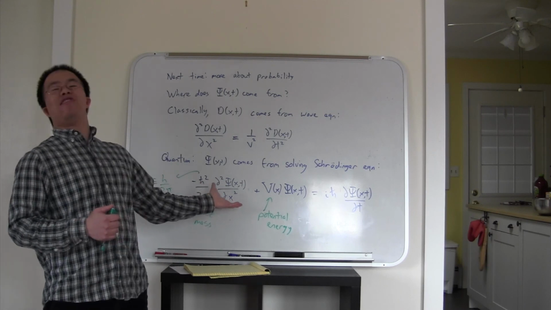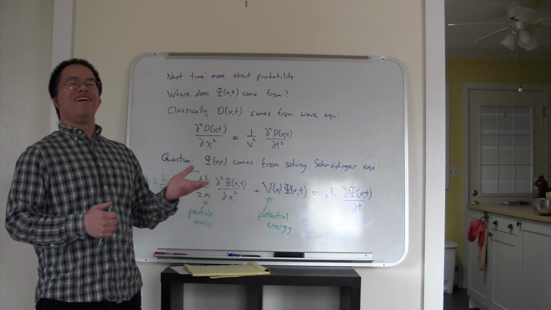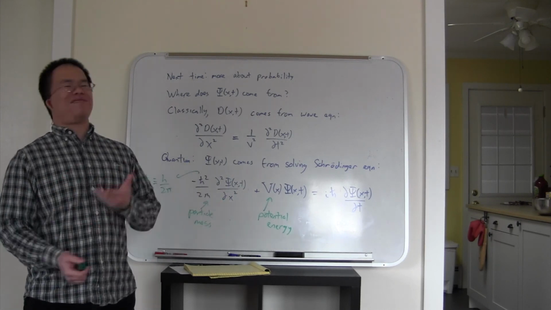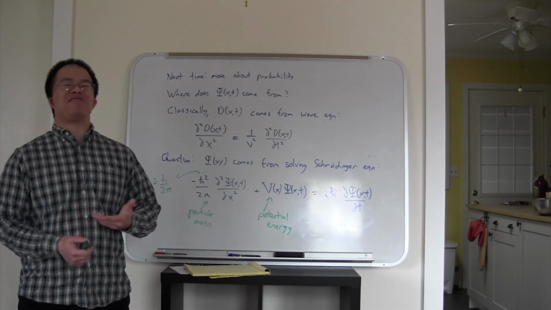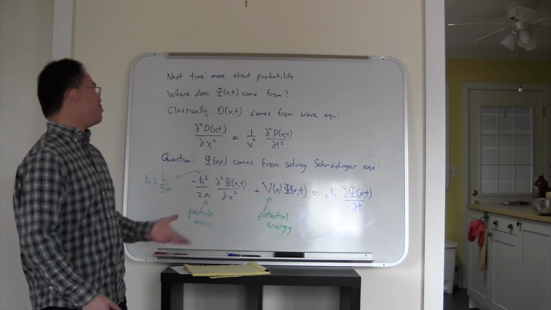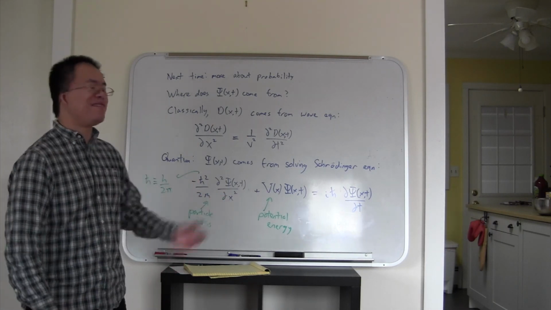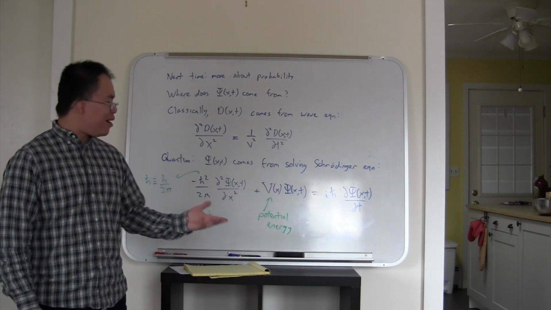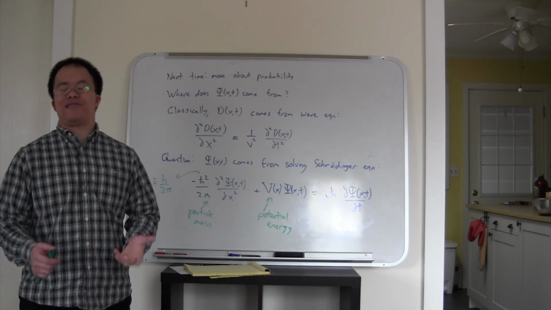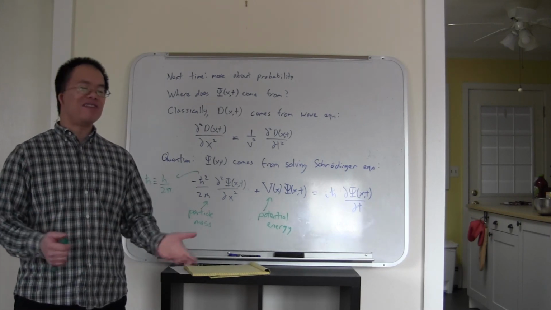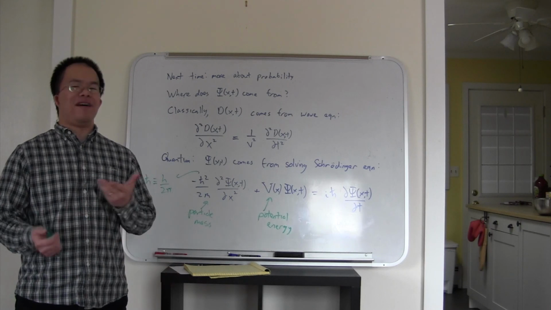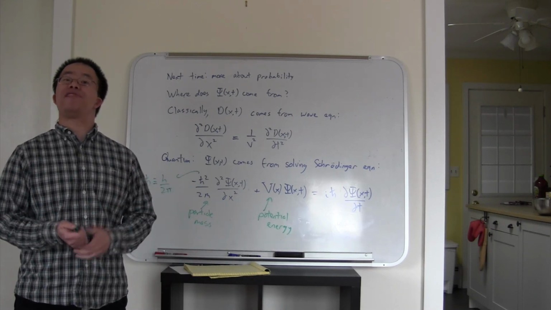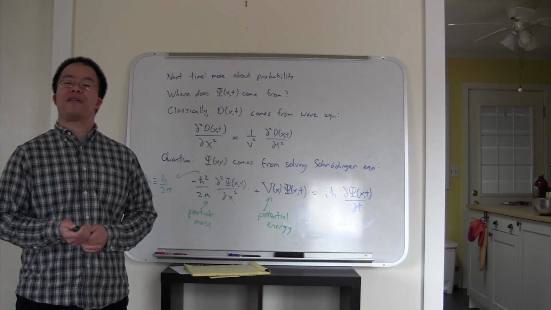But if you feel like this equation just dropped out of the sky, you're right, because I really did just pull it out of thin air, and we could try to come up with some plausibility arguments, but they're not really satisfying, in my opinion. I think we just have to take this as a statement of what nature does, just like we take F equals ma as something that's consistent with experiments, but that describes how nature behaves.